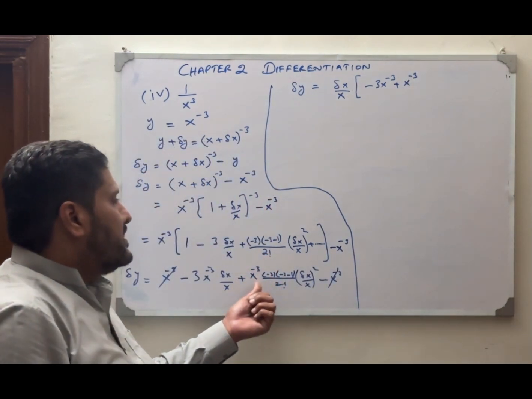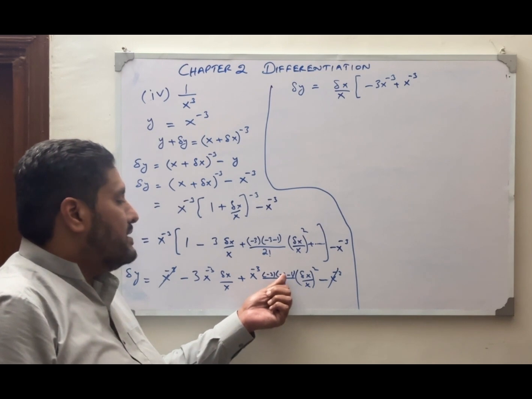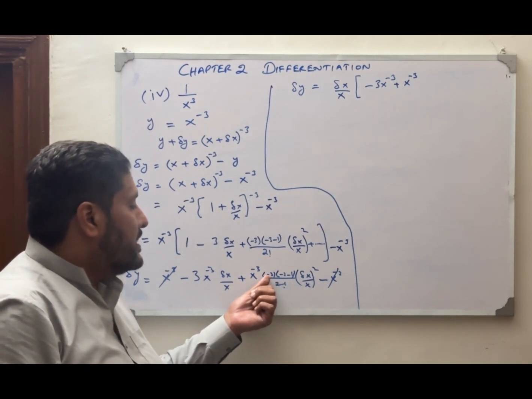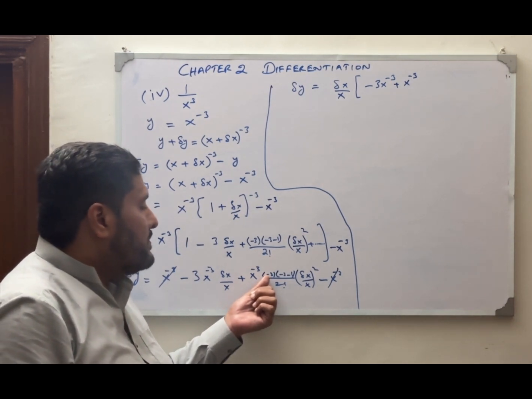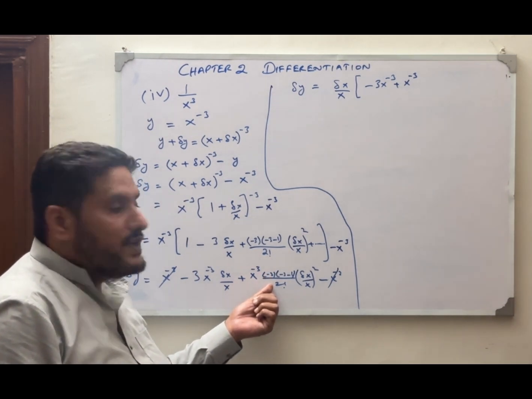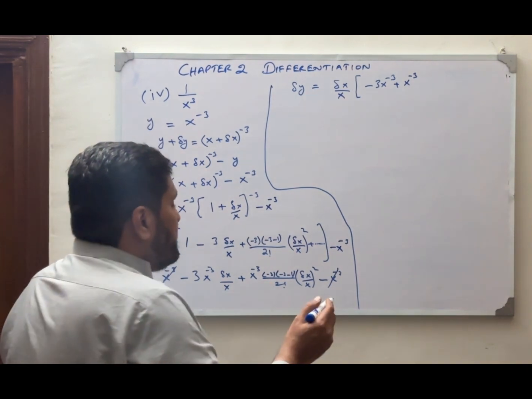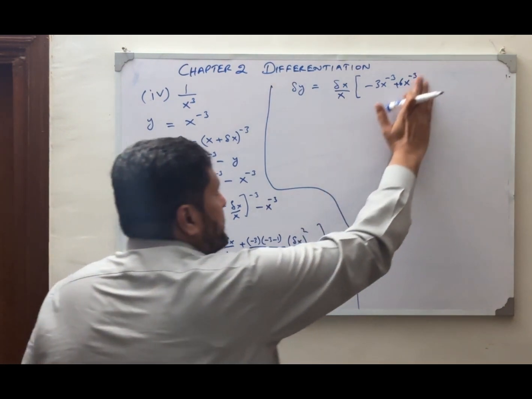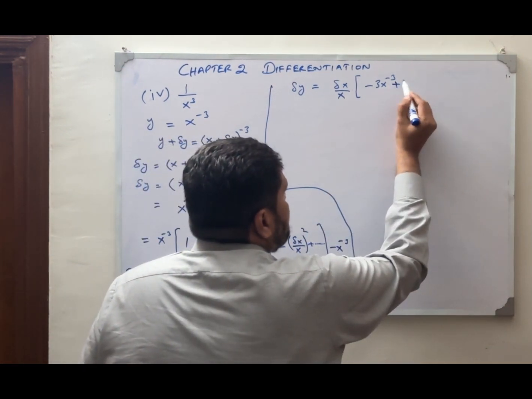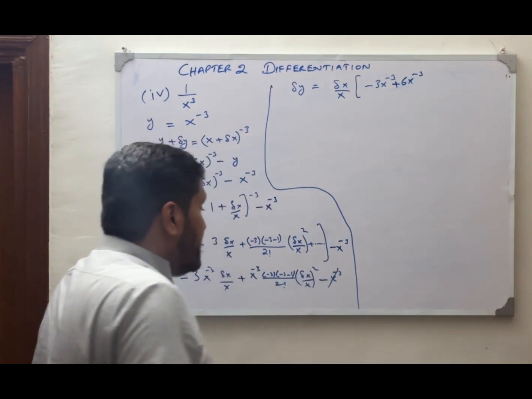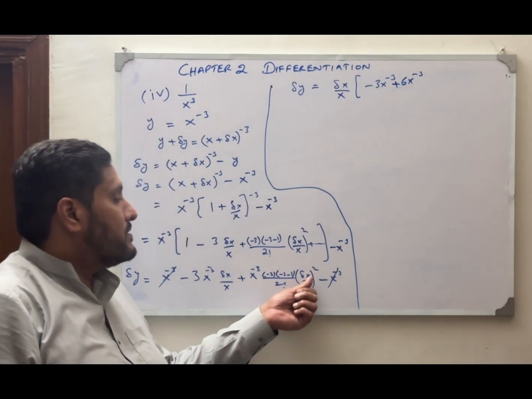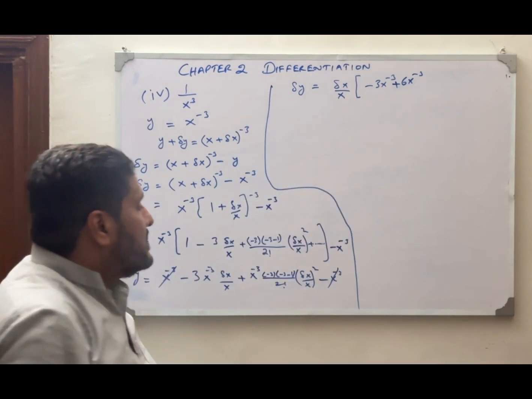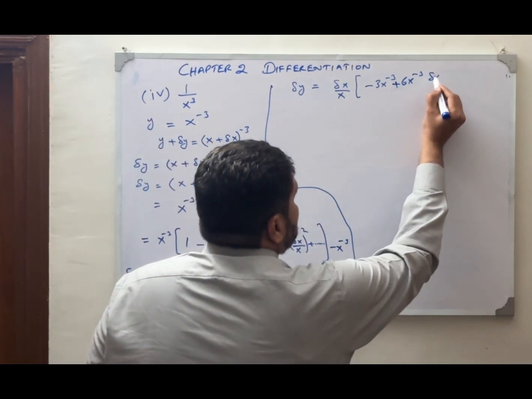We can write it in simplified form as well. This is minus 3 minus 1, that will become minus 4, and minus 4 multiplied by minus 3 will become plus 12. Plus 12 divided by 2 factorial is equal to 6. So that will become 6x power minus 3, and in place of this delta x by x whole square, as we have taken delta x by x as common, the remaining term will be delta x by x.